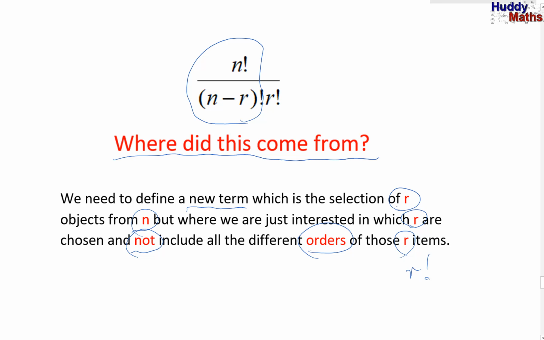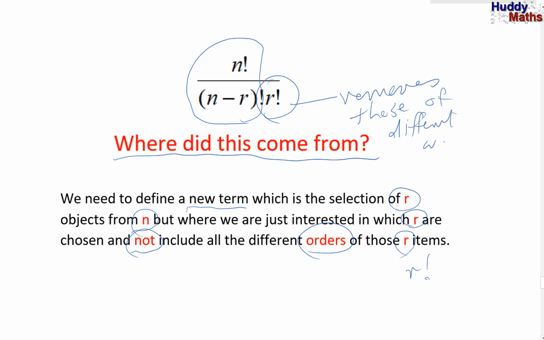And because each of the 3 students selected could be rearranged in 6 different ways, we've got to divide our permutation formula by R factorial. Okay, this wipes out those that are different orders, removes those of different order.